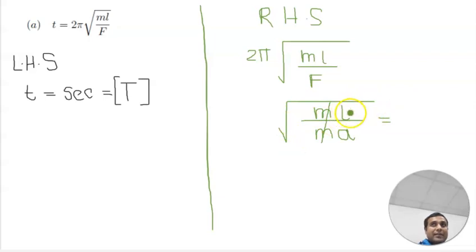Here, this is length. The unit for length is meter, divided by the unit for acceleration, which is meter per second squared. And do not forget the square root sign over here.